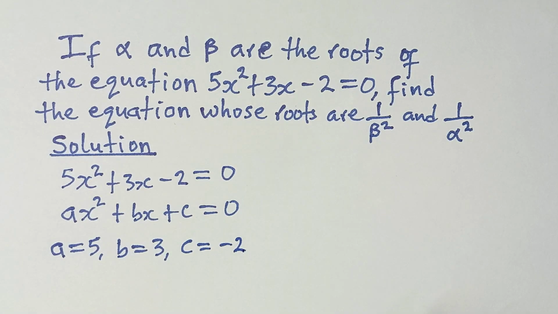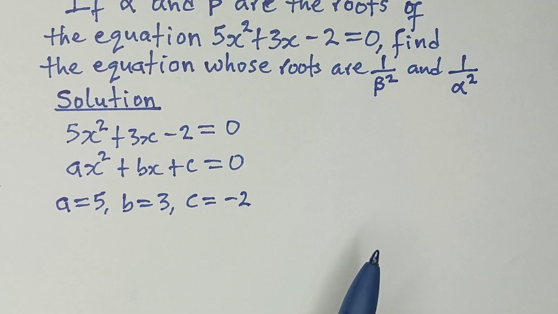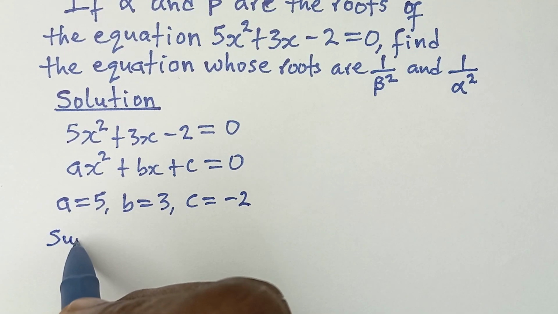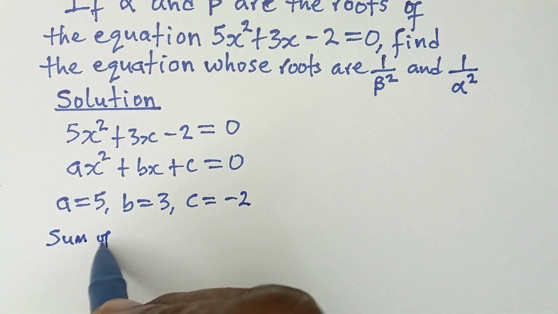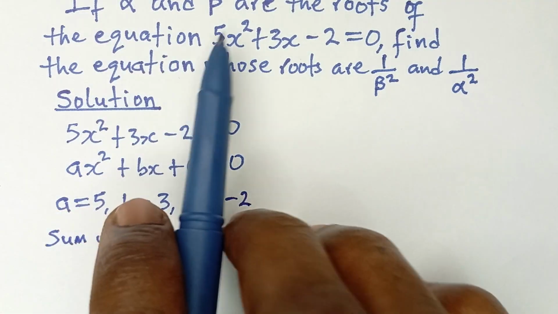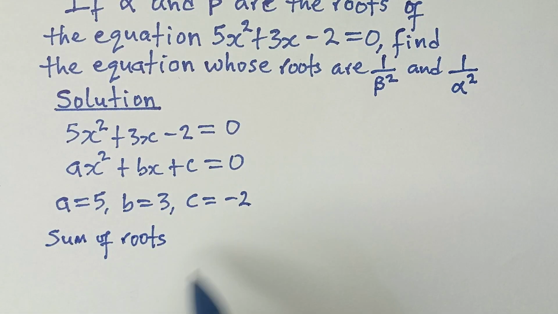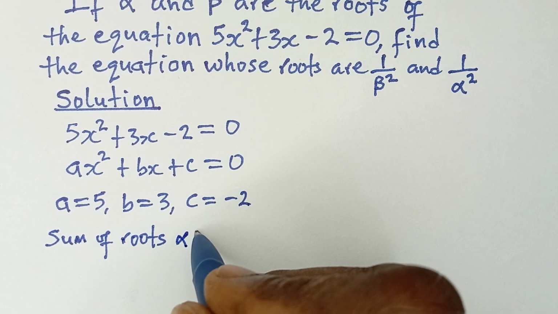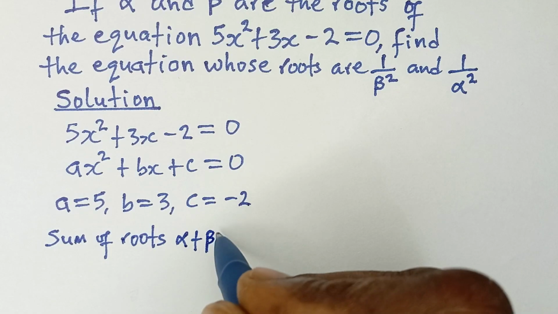Now, with these values of a, b, and c, we can obtain the sum of roots of this equation and the product of roots of this equation. Now, the sum of roots. Let us look at the sum of roots of this equation. Since the roots of the equation are alpha and beta, that means the sum of roots of the equation should be alpha plus beta.